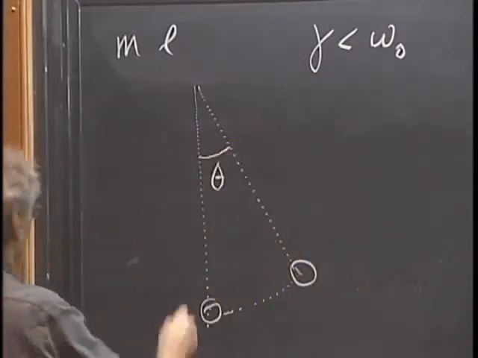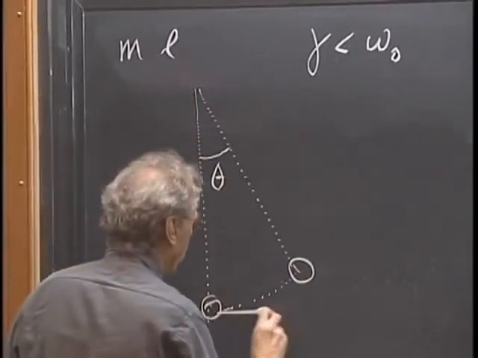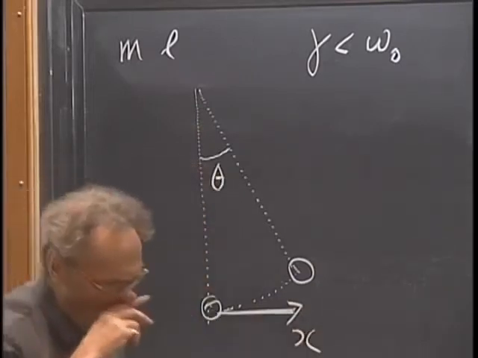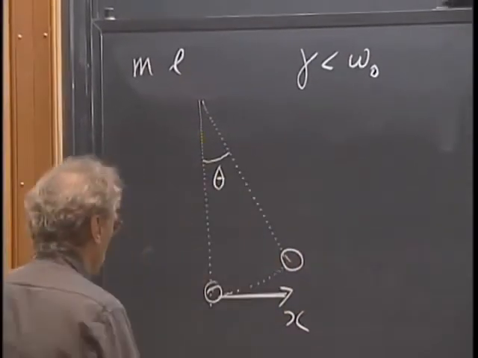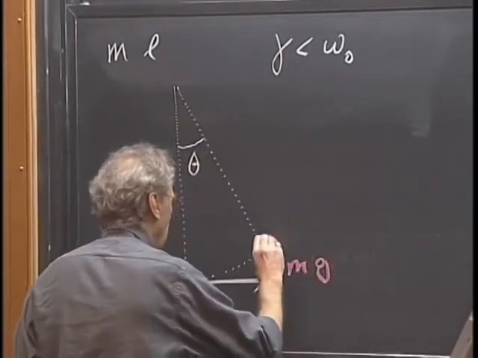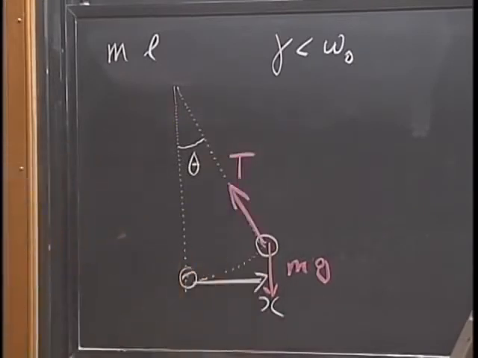This is the equilibrium position of the pendulum. I will therefore call this position x, and I'm going to put all the forces on this object in this picture, which is mg, and that is T. And there are no other forces on that mass.